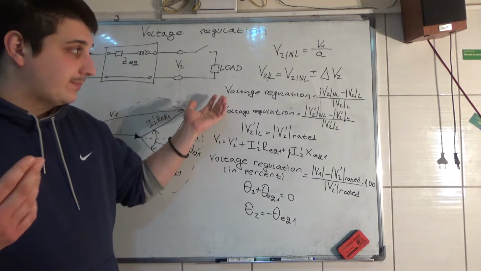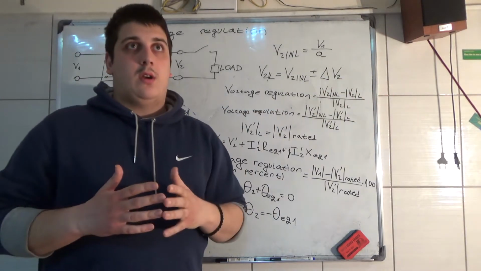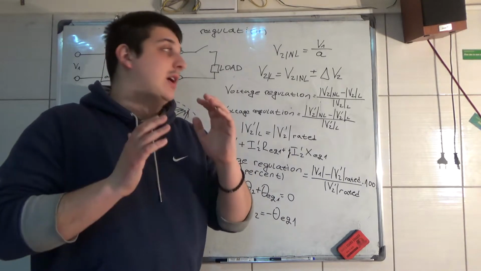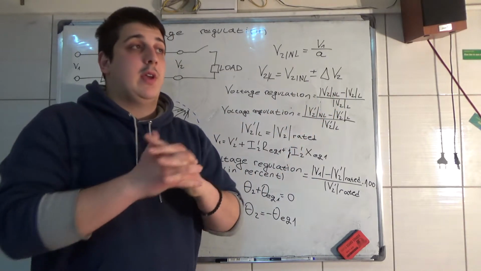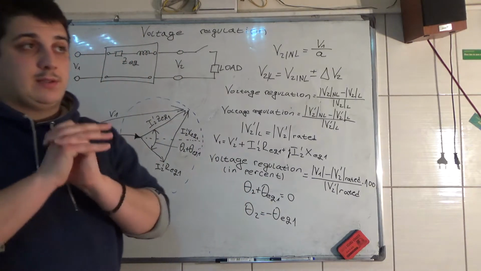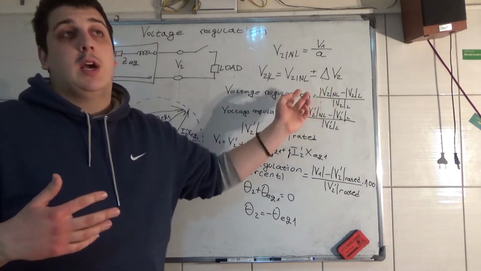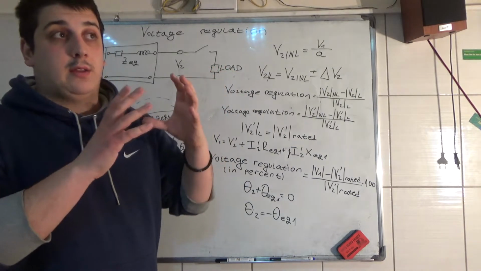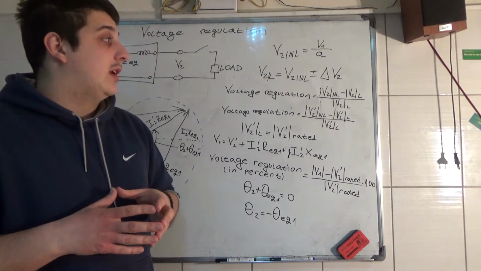And yeah, these absolute signs are saying that it doesn't matter in which phases they are, it's the magnitude of the voltage that is very important for us. So the best situation for us is when this is 0, when the load and the no load are at the same value, but it usually is not the case.